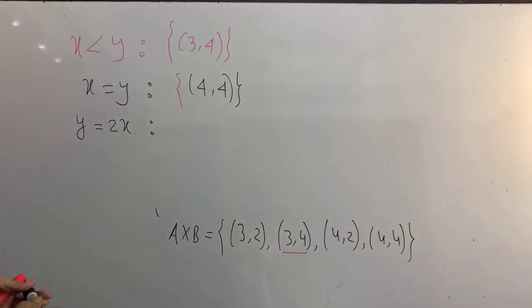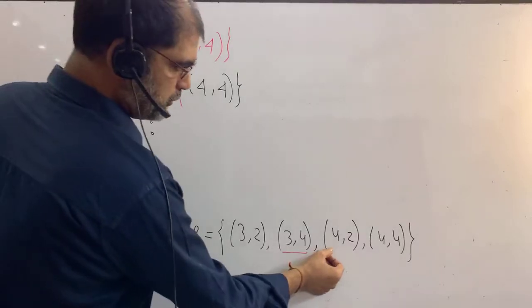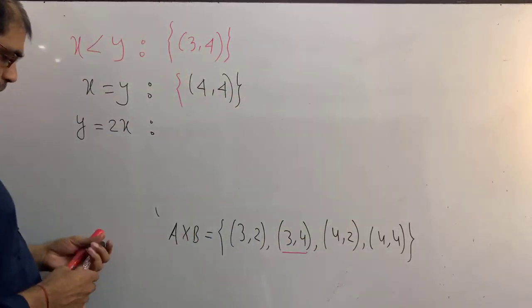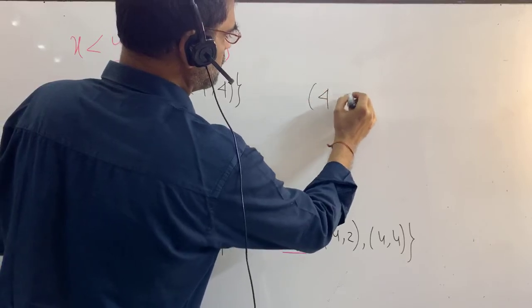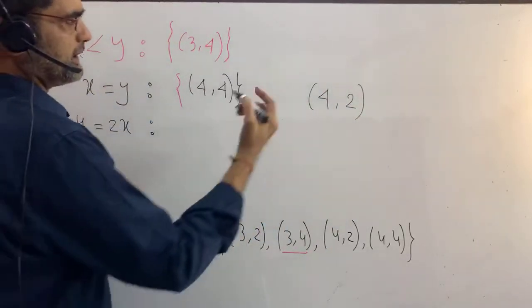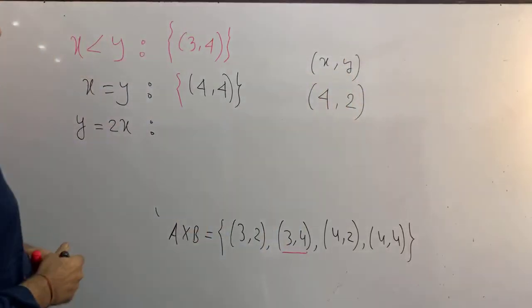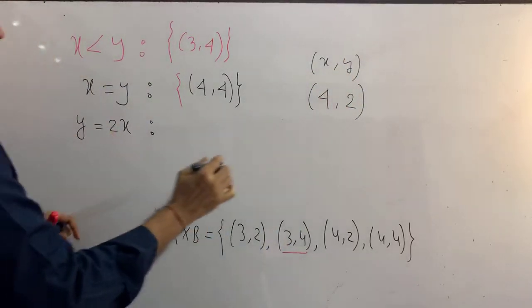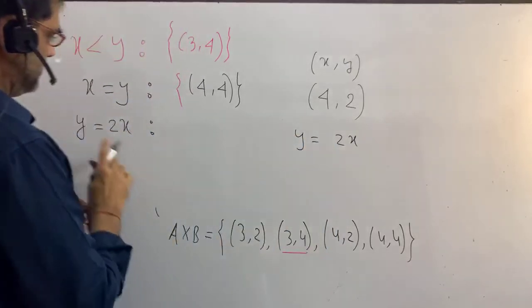Y equals to 2x. Some of you have written 4 comma 2. Suppose 4 comma 2. It is x comma y, right? Suppose this is y equals to 2x.